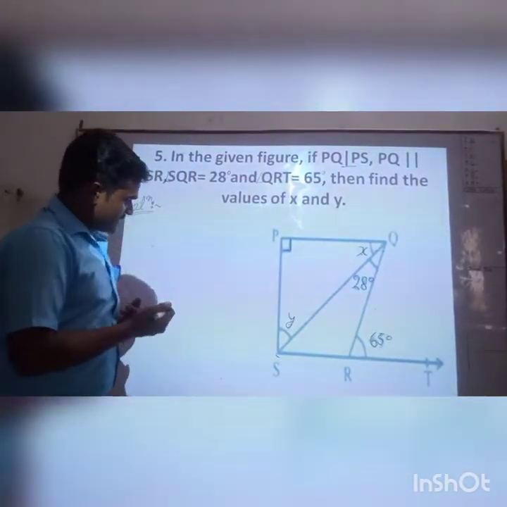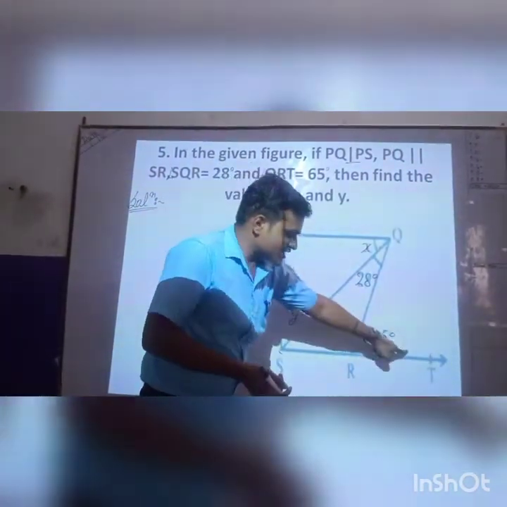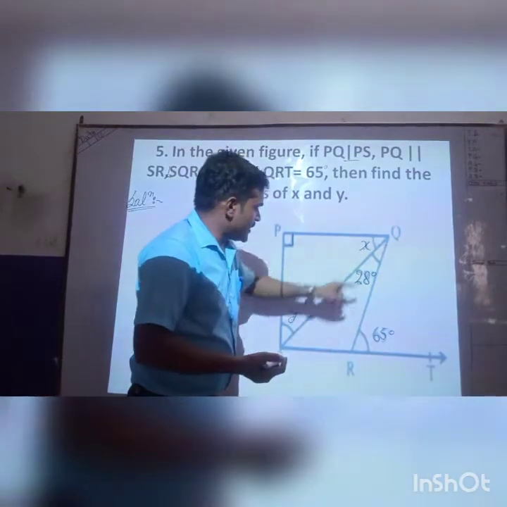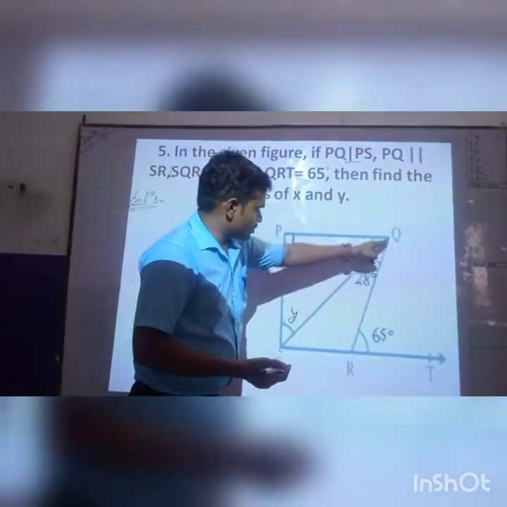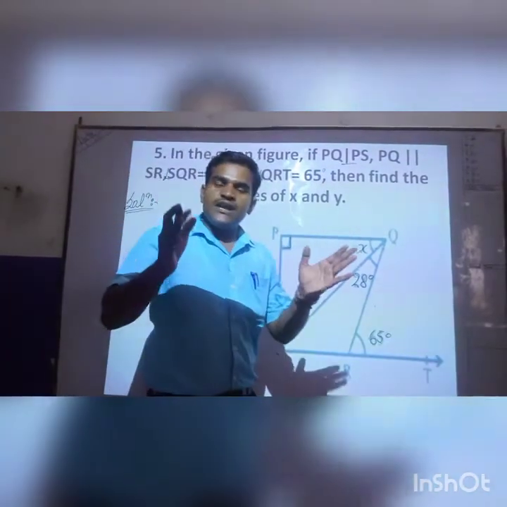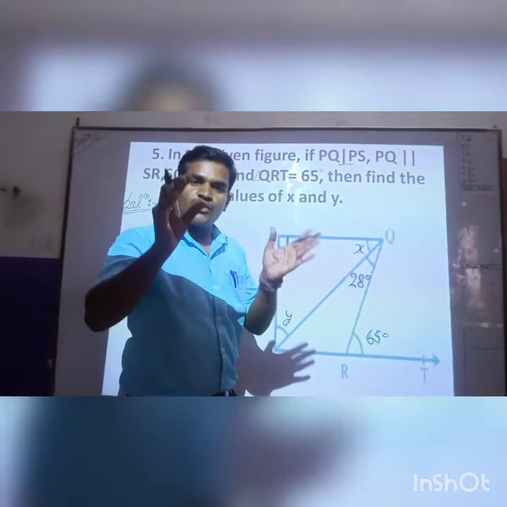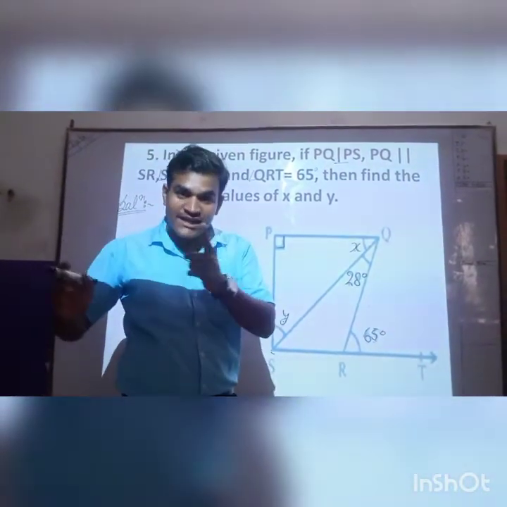So here angle QRT is the exterior angle for triangle QSR. As we know, the exterior angle is equal to the sum of the two opposite interior angles.